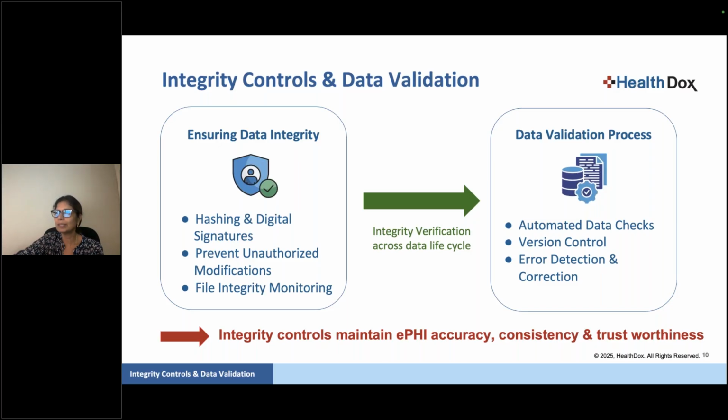So protecting all this, and data validation also helps check and prevent errors. For example, it stops incomplete forms from transmitting, flags incorrect data entry, and catches mismatched patient IDs before they cause any bigger issues.